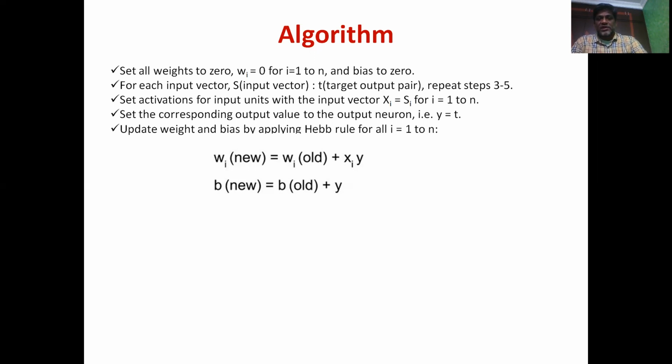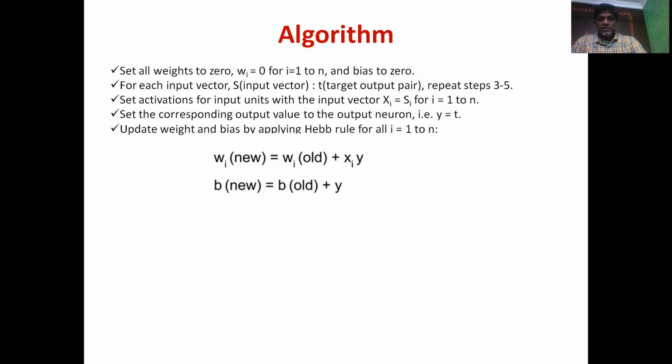After setting the input vector and target value, update the weight and bias by applying Hebb's rule for all i = 1 to n, where n is the number of inputs, by using the formula. You need to remember this formula.